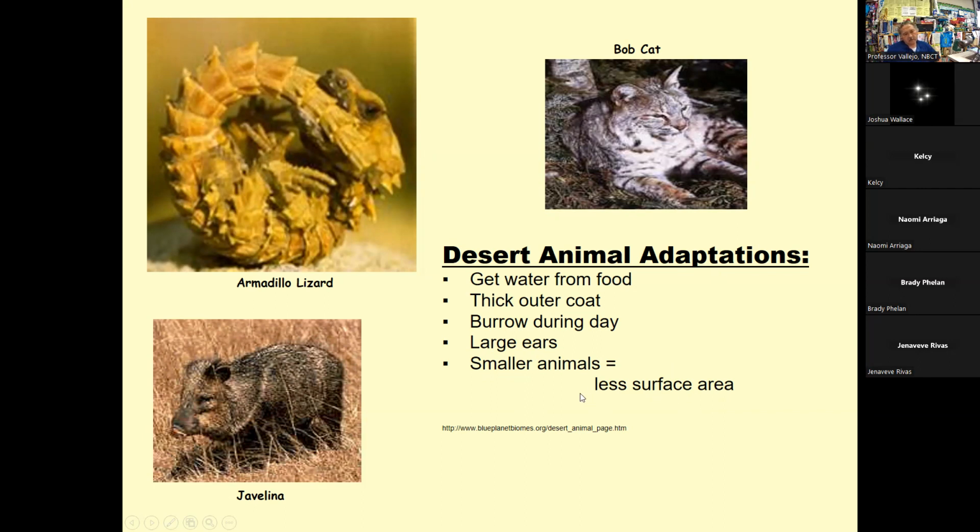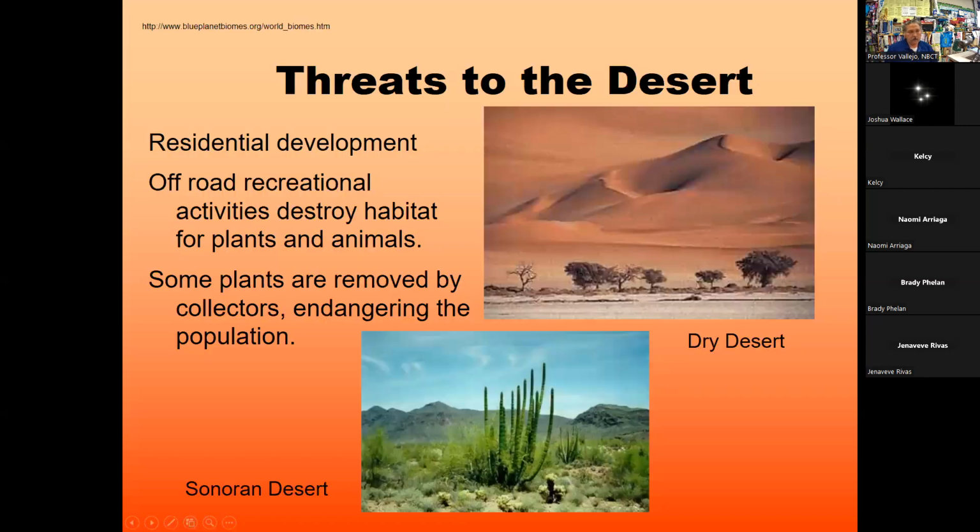Because of the surface to volume ratio, they have less area to dissipate the heat from. So that's a good adaptation for life in the desert in animals.